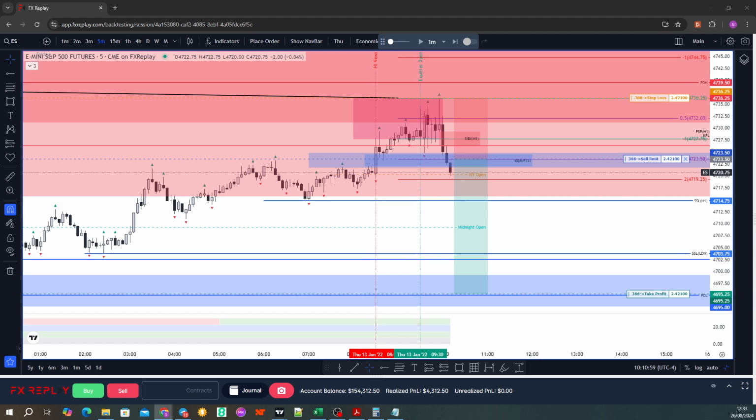Price currently trading at the overlap of the SIBI daily and the SIBI H4, satisfying any high time frame PD arrays, because remember we haven't purged the previous day's high. That's important.